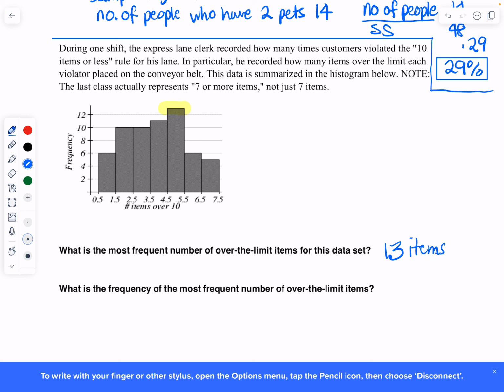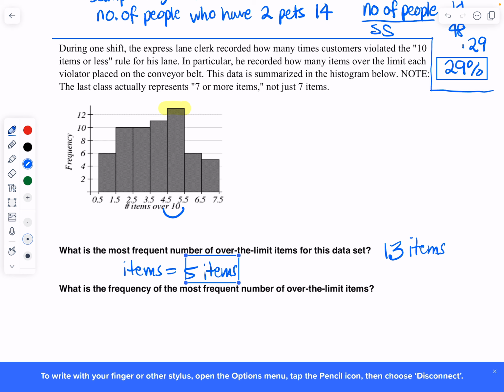But it's asking us what is the most frequent number. Okay, so that's the frequency is 13. But the items, we're going to go back to the x-axis here and see it's between 4.5 and 5.5. So the items are 5. So 5 items over the limit.